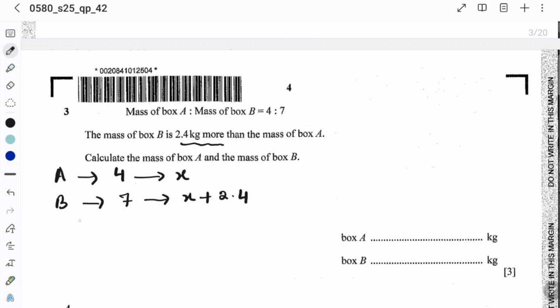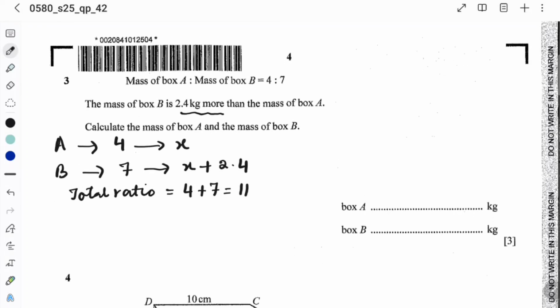The total ratio: this is a 3 marks question, remember, so you have to give all the steps. The total ratio is 4 plus 7, which is equal to 11. They are asking you to calculate the mass of box A and the mass of box B, so we have to find both.